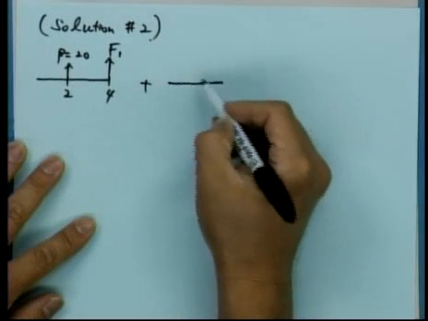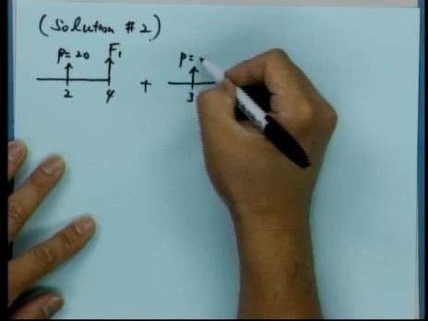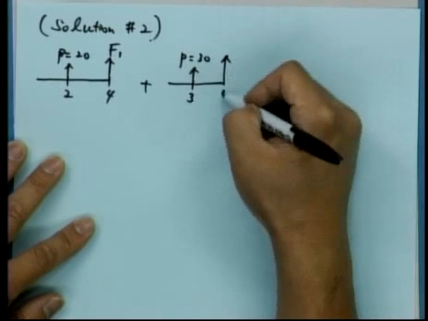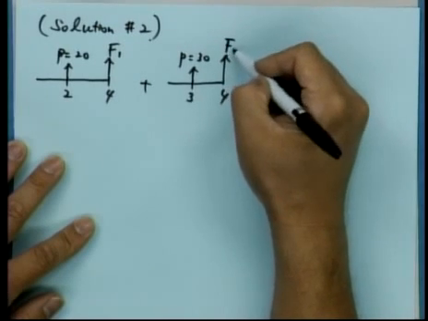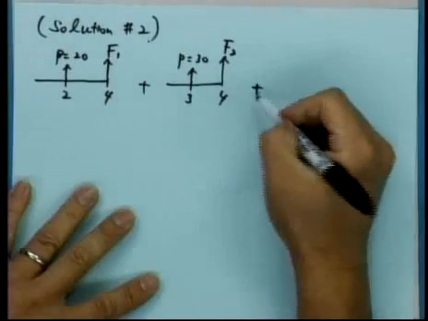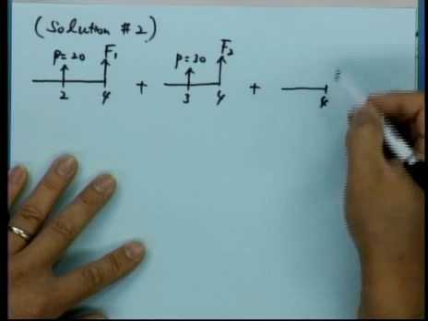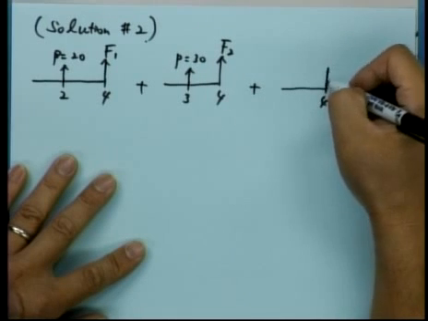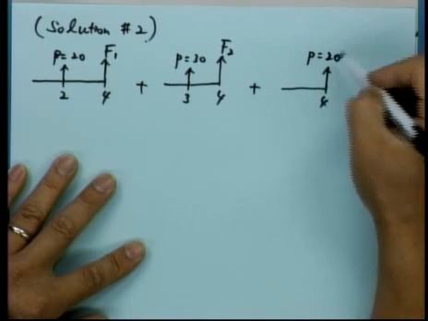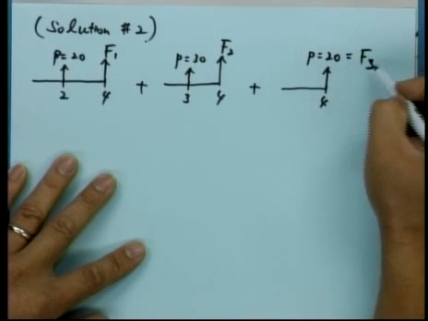Second case is after period 3. We have a present sum, which is 30. And at the end of period 4, we have a future value of F2. And the third case is after period 4, we have a sum of 20, and this value is exactly the same as F3. Okay?